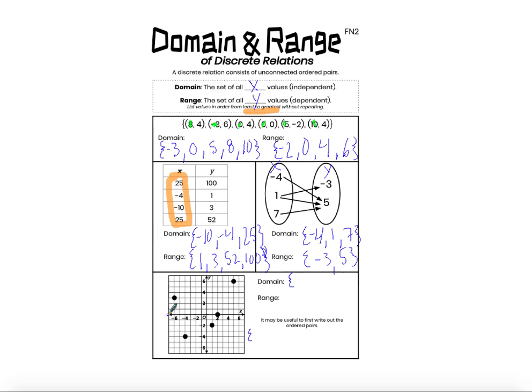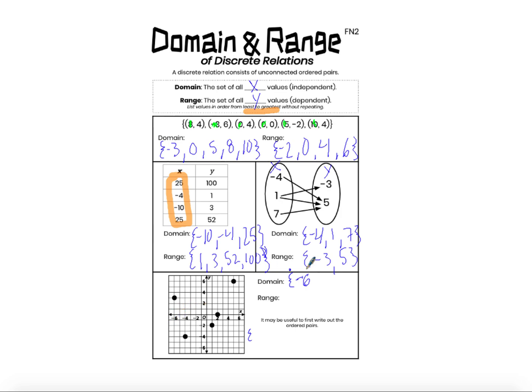So there is no point when x is -5. When x is -4, there is. This point has an x coordinate of -4. So that is in the domain. Oh, that's a -6. So small. -6. There is not a point when x is -5.